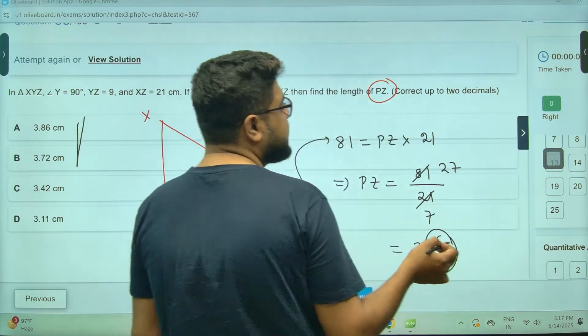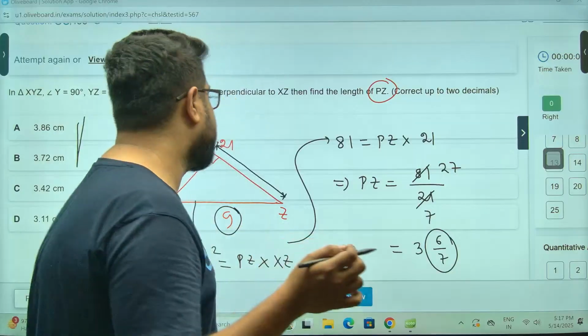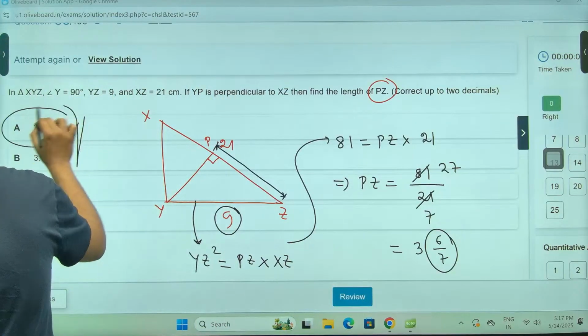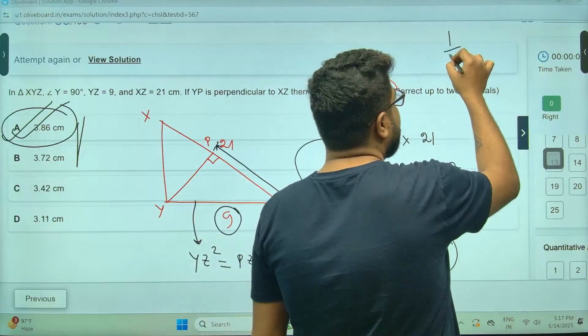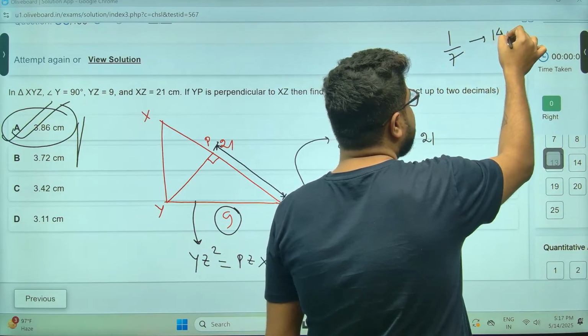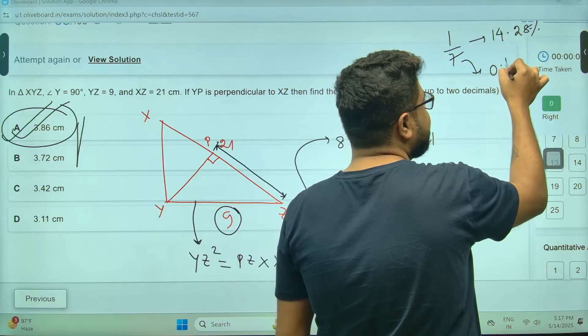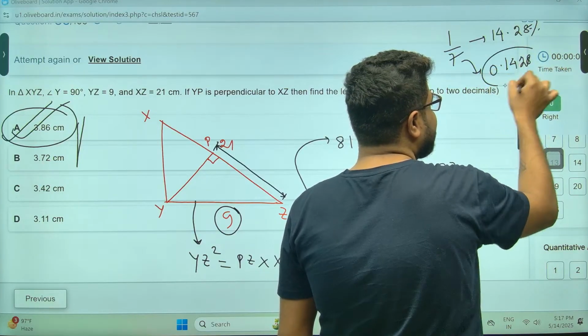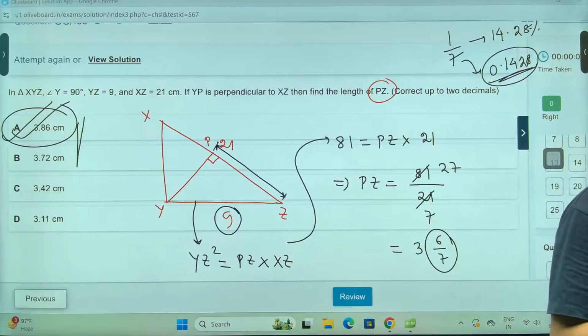Yeah, option A is the answer. Because you see again what I'm saying, 1 by 7 is 14.28%. So again this I can write as 0.1428. So these values are useful for calculation as well.